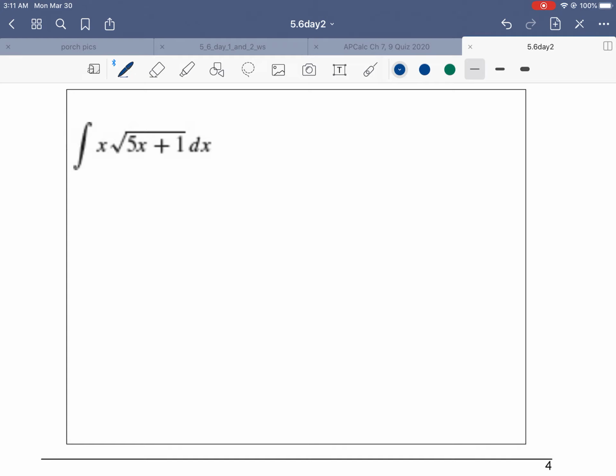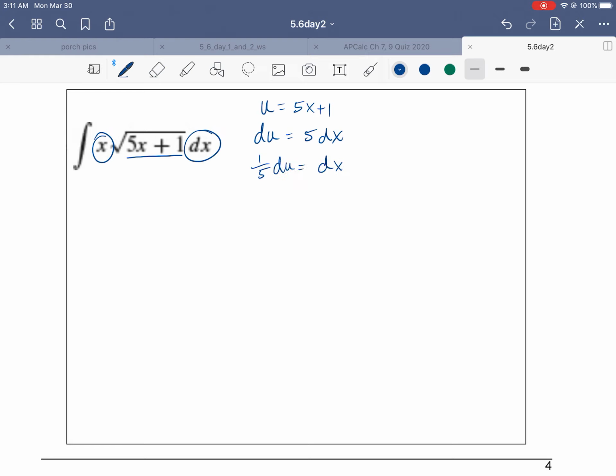Here's another one that's identical to the problem we just did. So let's go through this one as well. So my inside is under the square root. I derive that. I take a look at what do I need. I need an x and I need a dx.